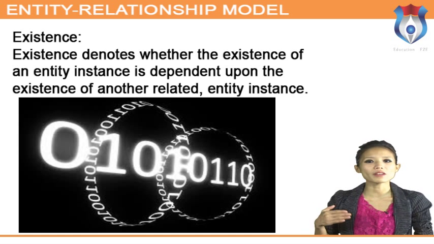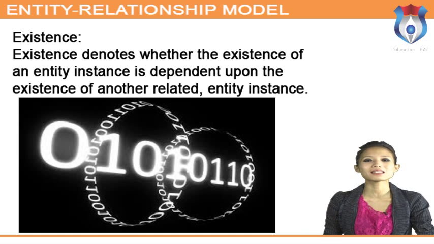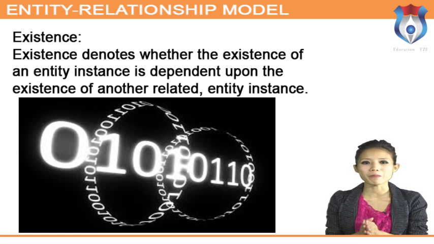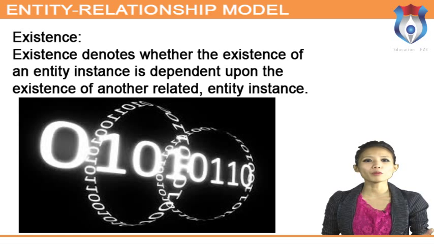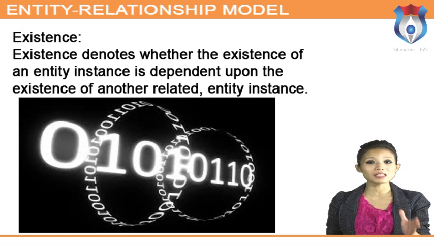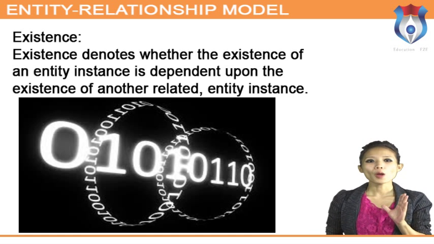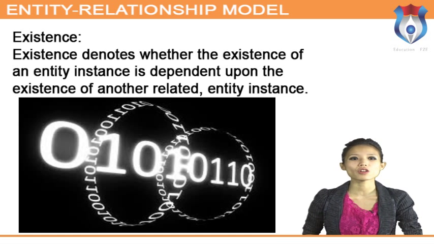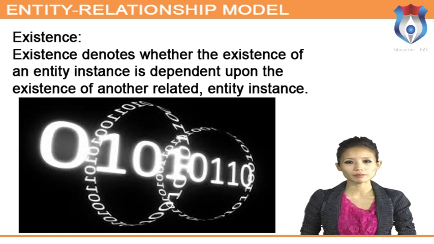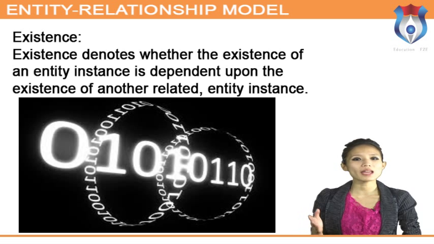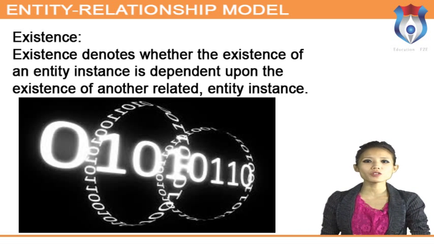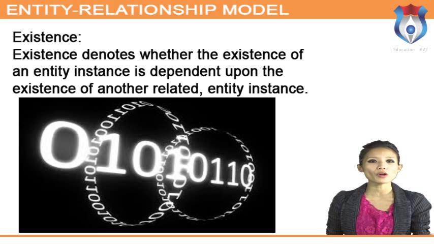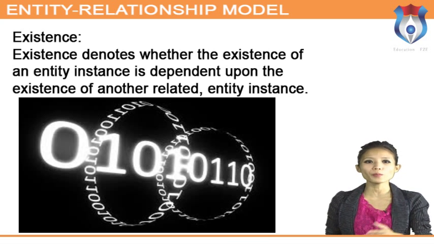The existence of an entity in a relationship is defined as either mandatory or optional. Example. An example of mandatory existence is the statement, every project must be managed by a single department. If the instance of the entity is not required, it is optional. An example of optional existence is the statement, employees may be assigned to work on projects.